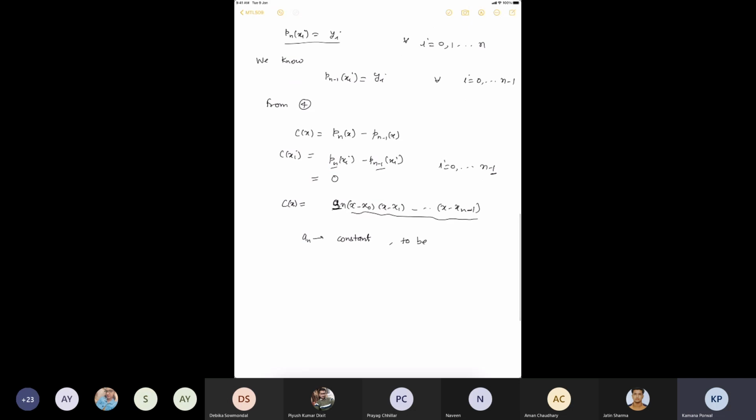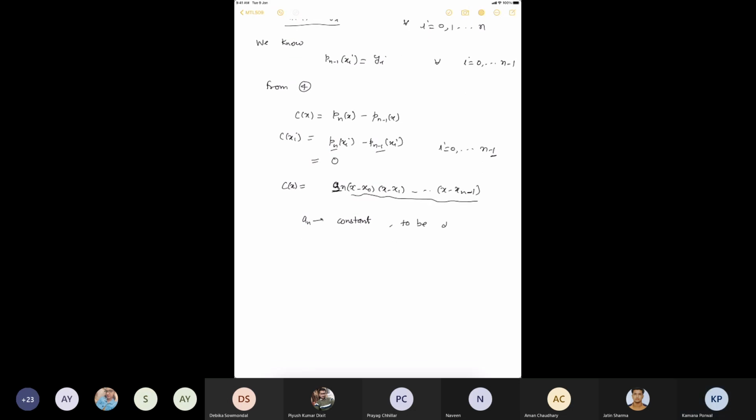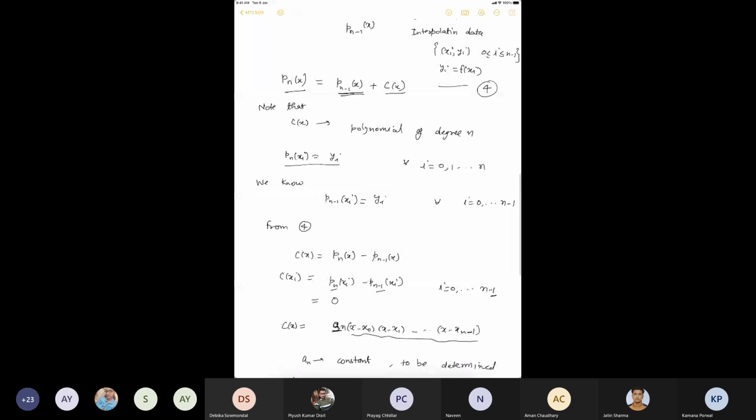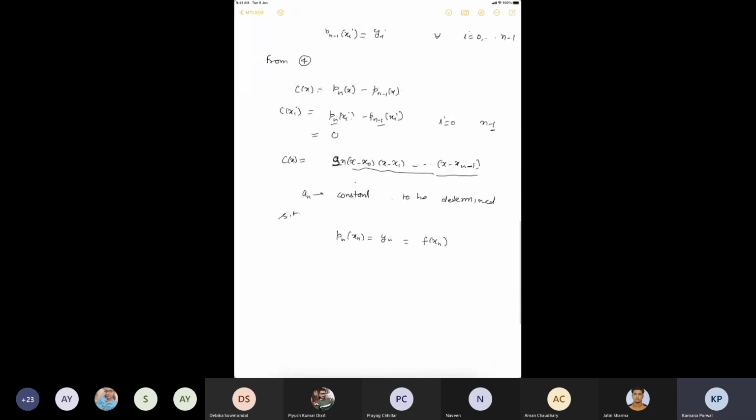So I'm going to determine this coefficient such that when I evaluate Pn at xn, this will be yn, nothing but f of xn, where yi is f of xi. Okay, so let's use this.